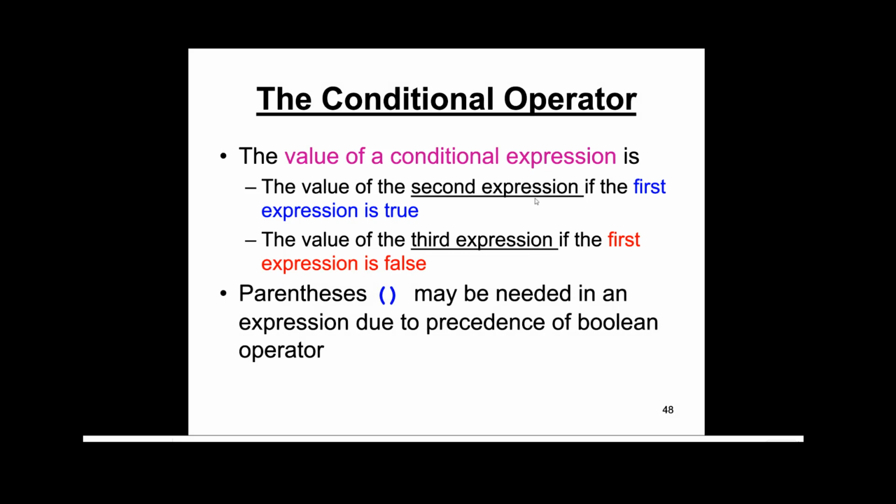It's a bit confusing, but if you understand the concept, it's not that hard. Parentheses may be needed if there is an expression within an expression, due to the precedence of the Boolean operators. You remember we have all the priorities. So just to be sure, you can put parentheses around all your expressions.